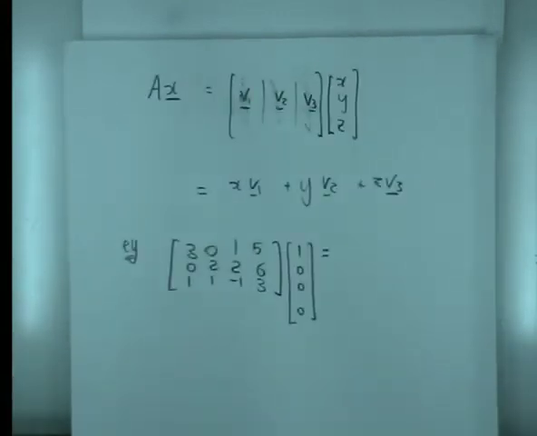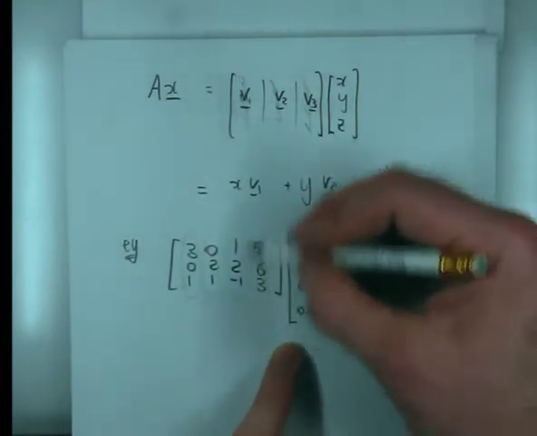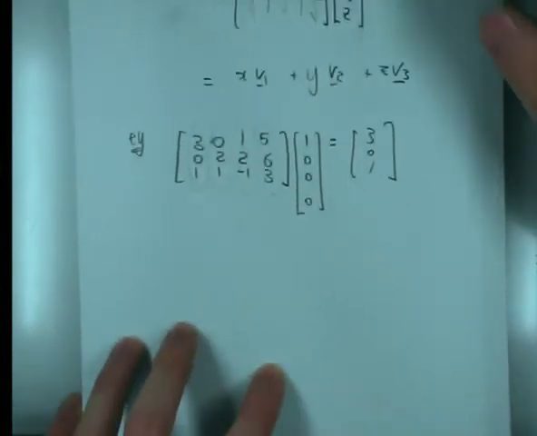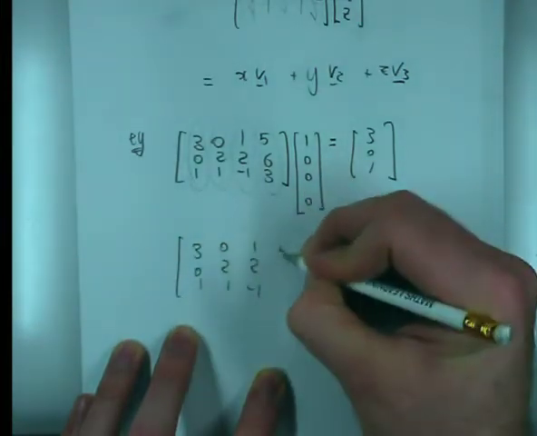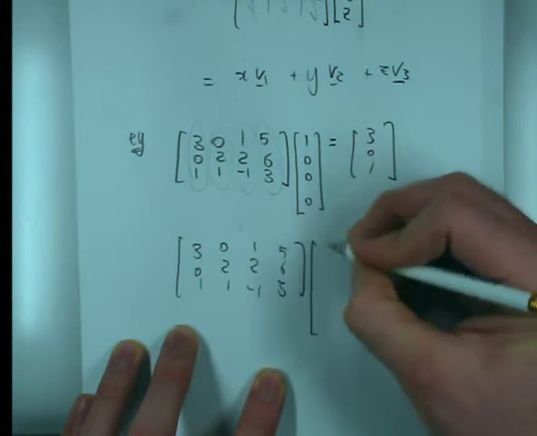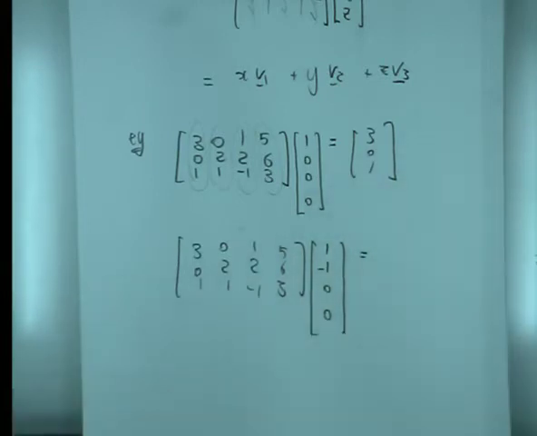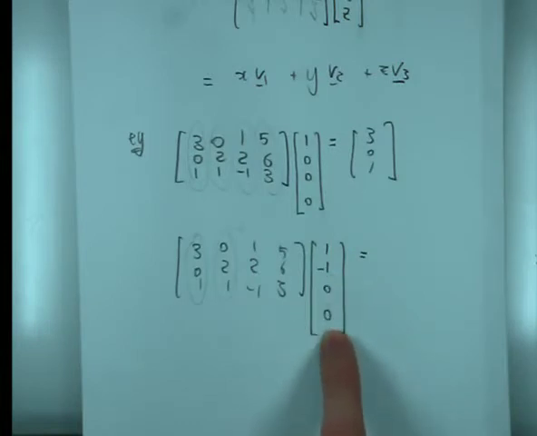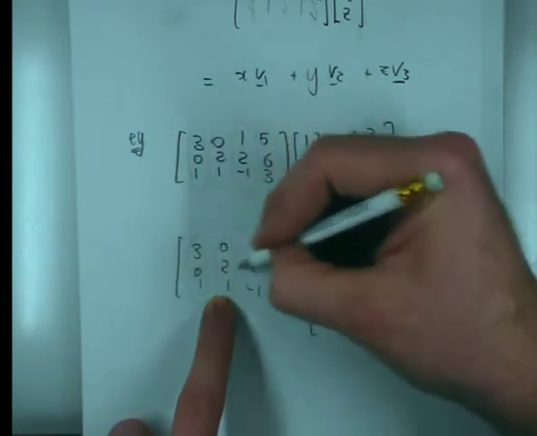But I could use what I know about how matrix multiplication works and say, well, this ought to be 1 of the first column, none of the second column, none of the third column, and none of the fourth column. So it would be 3, 0, 1. This is telling me I should do 1 of the first column and minus 1 of the second column and none of the other 2. So it should be 3 minus 2, 0. Because I'll go that minus that, that minus that, that minus that.